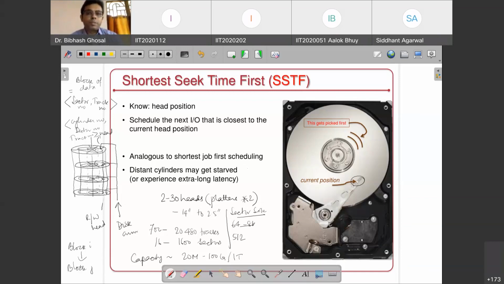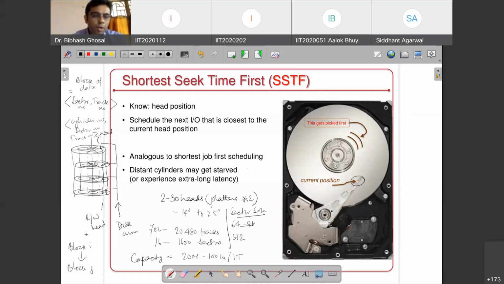Now in order to move from block number I to block number J, there will be two kinds of movements: rotational motion and translational motion. Rotational motion of the disk, translational motion of the head. So it goes from one cylinder number and track number to a new cylinder number and track number. Because there are two kinds of motion, both will lead to some amount of time being spent.